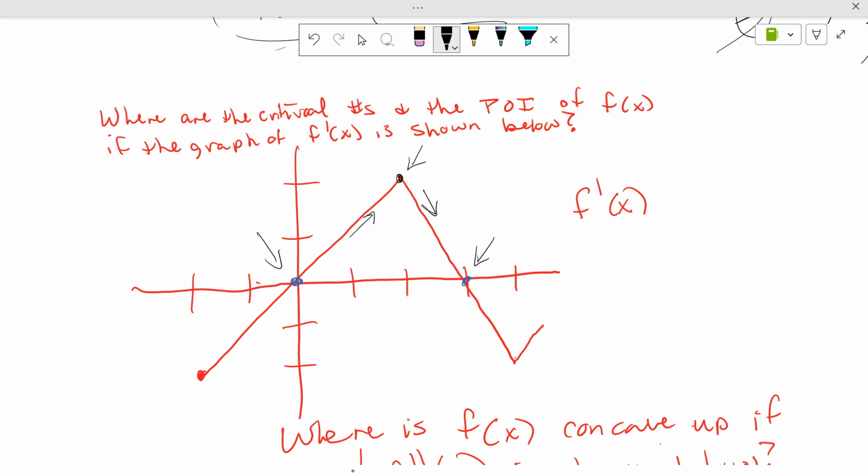crossing the x-axis, right? Here, because if you take the derivative of this, it's an increasing function, then a decreasing function. So this is where it would be crossing the x-axis, because the derivative of the first derivative is the slope. And here it would go from decreasing to increasing.